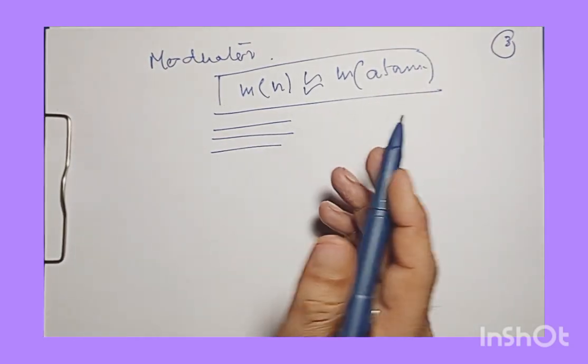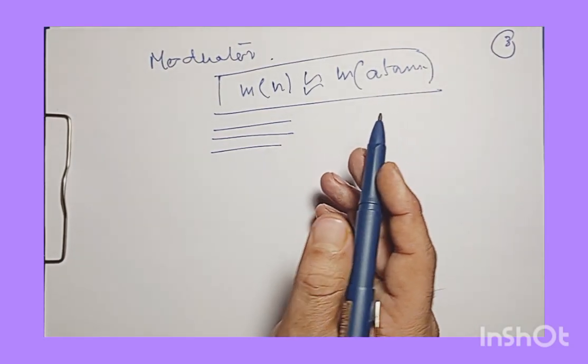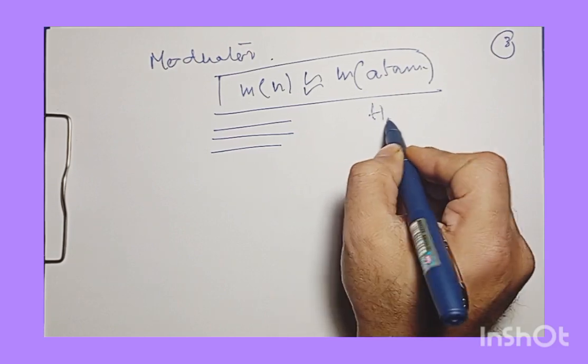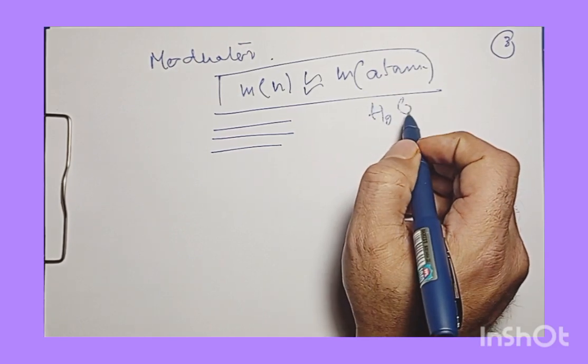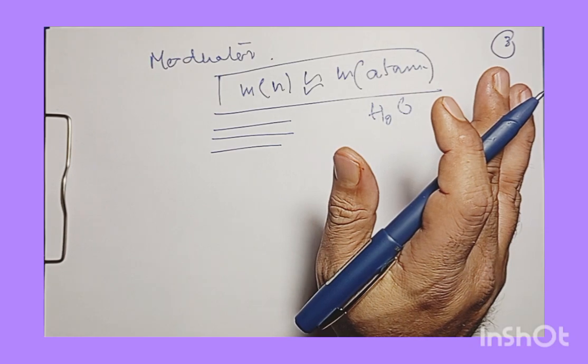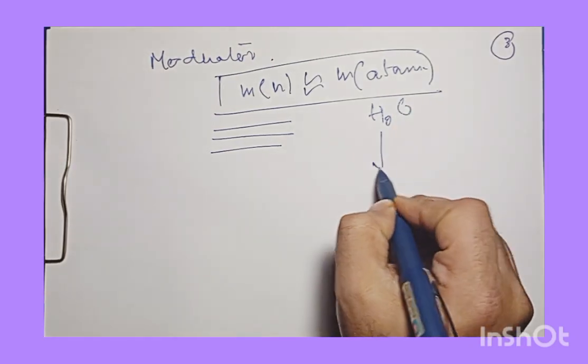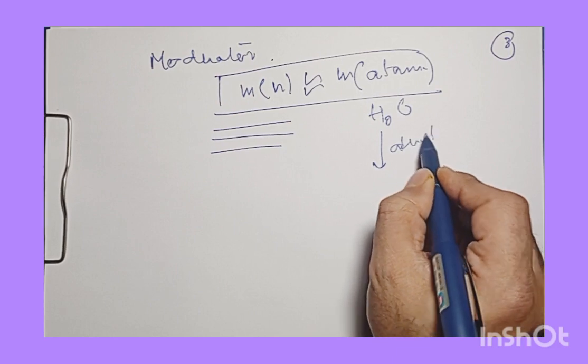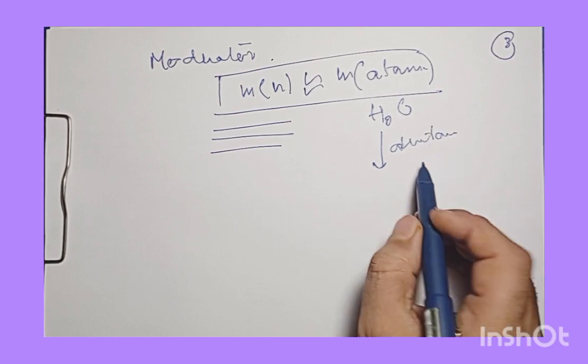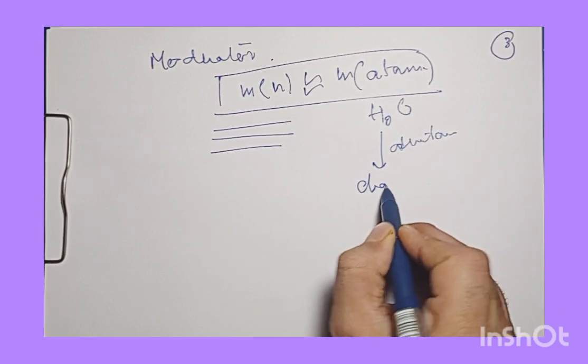Ordinary water can also act as a moderator, but it is not used because it often absorbs neutrons, and hence the chain reaction can ultimately stop.